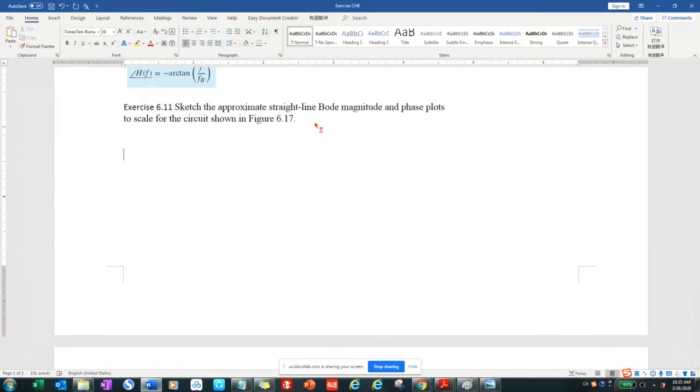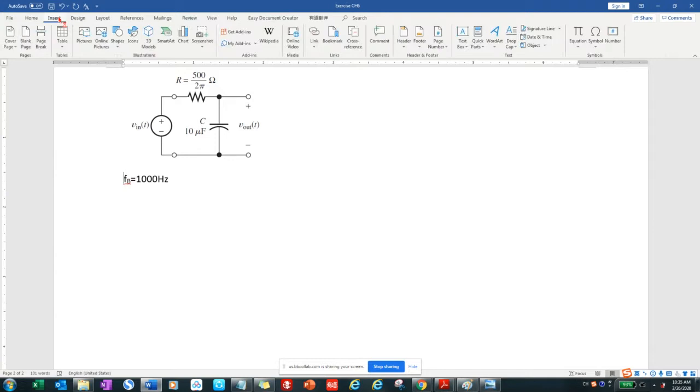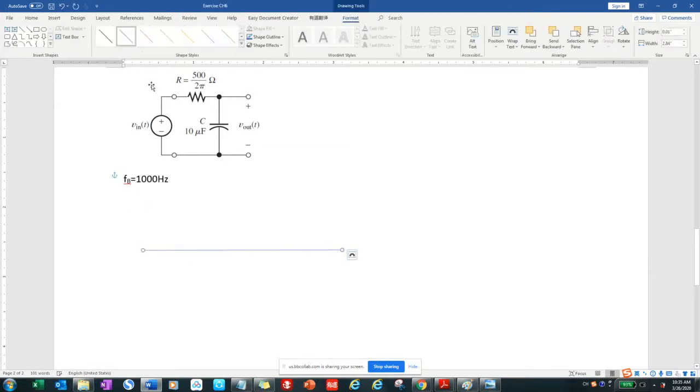Let me move this to one page so that we can see it clearly. So I just briefly draw the Bode plot.